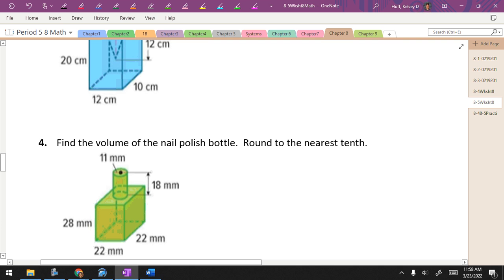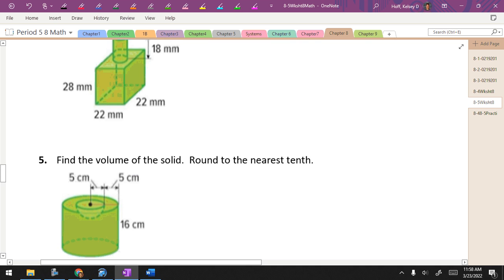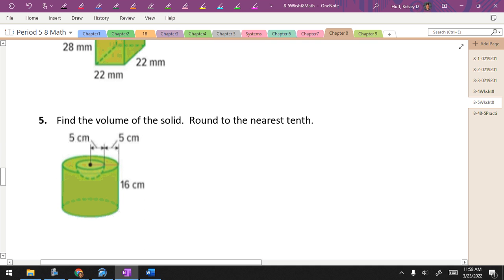On number 4, 11 is all the way across. On number 5, from the center to that first mark is 5. And then from that first mark to the second mark is another 5. Does that make sense? Yes. Okay.